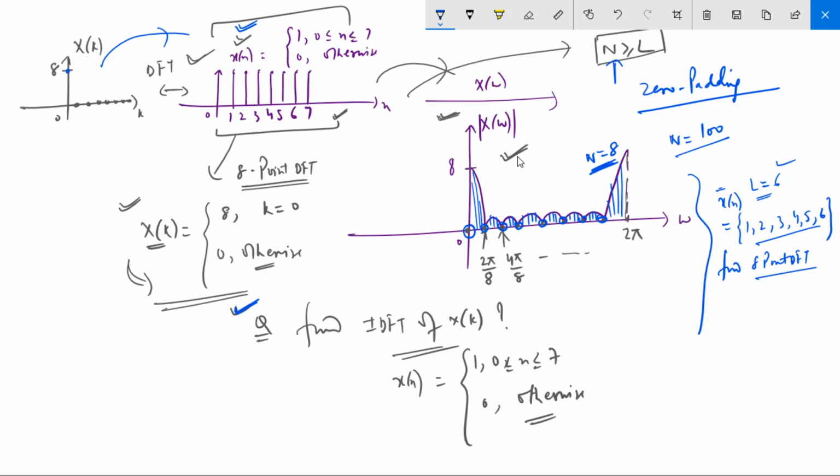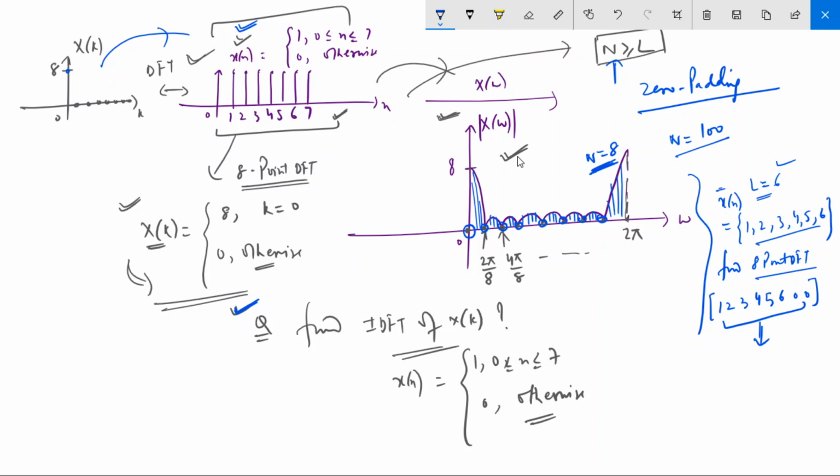But if I am supposed to find its 8-point DFT, what we have to do in that case is pad 2 zeros after this sequence so that the length becomes 8, and then you can find its 8-point DFT. Okay, this is called zero padding.